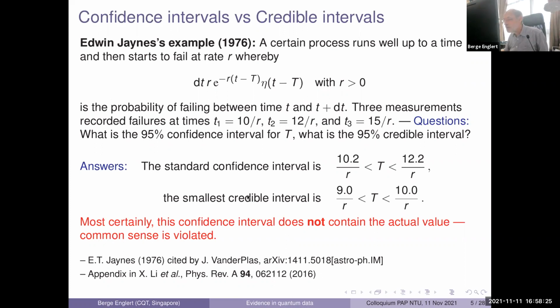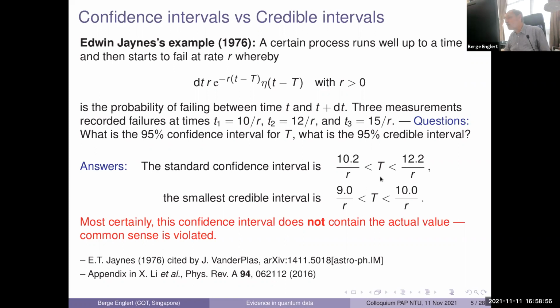So the credible interval says, if at 95%, that the true value is in this range with 95% probability. If you have a confidence interval, and this is a 95% confidence interval, it does not have this meaning. It does not have the meaning that the true value is inside with a known probability. And this example is telling, because the true value is definitely outside.